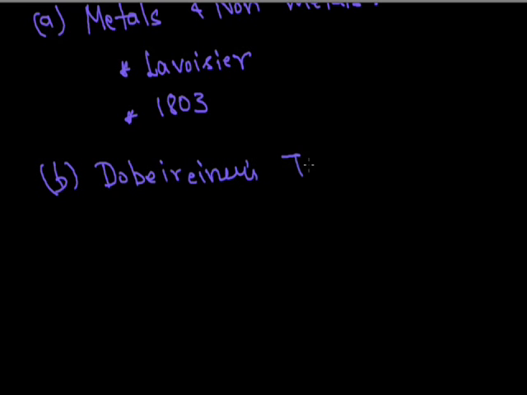This classification was given in the form of triads. Triads means the elements were arranged in a group of 3 elements, in which the atomic mass of the middle element, such as B, was the arithmetic mean of the atomic masses of A and C.